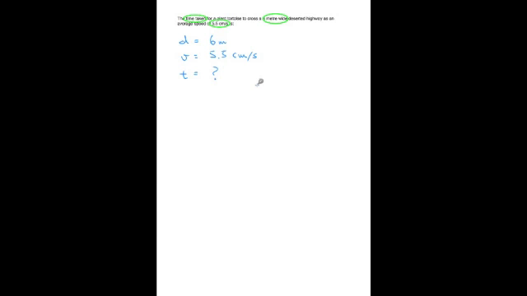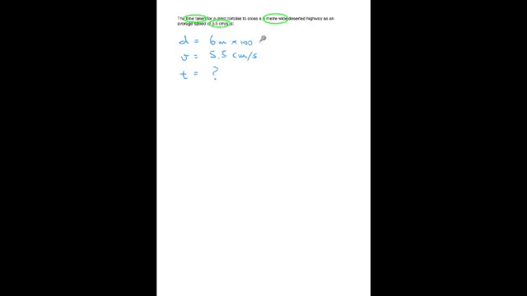Now immediately we notice here that the distance unit is meters, but the distance unit being used in the average speed is in fact centimeters. Now we have two choices here. We can either convert the distance unit to centimeters, or we can convert the average speed unit to meters per second. I'm going to choose in this instance to convert to centimeters.